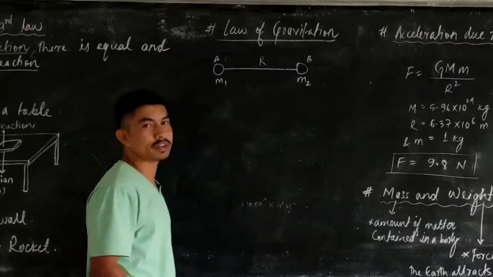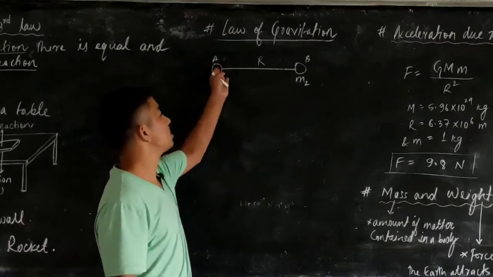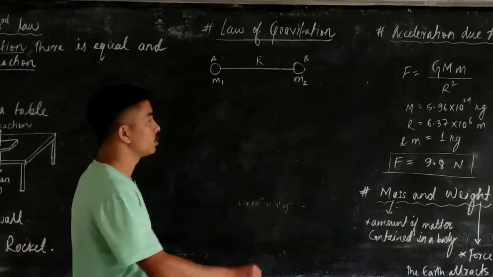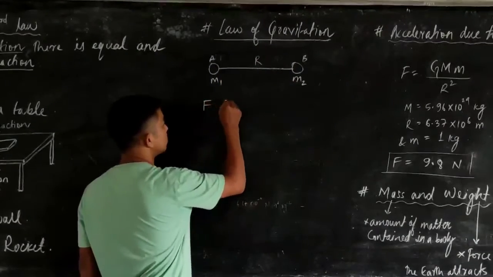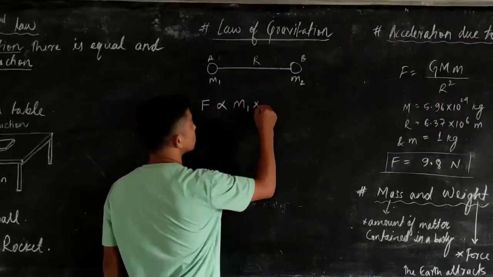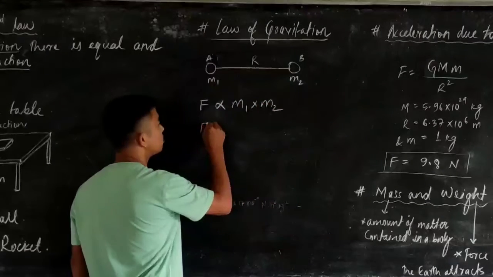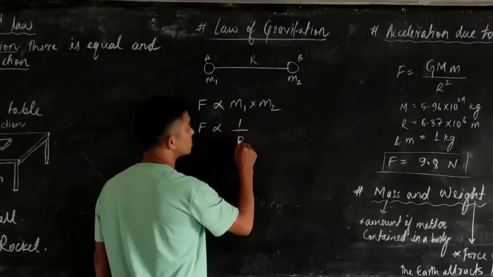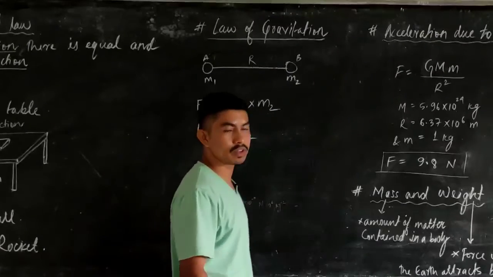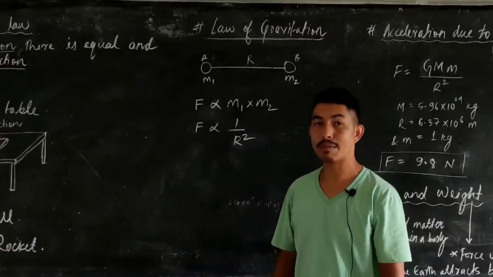Then the law of gravitation states that body A will attract body B by a force directly proportional to the product of their masses and inversely proportional to the square of the distance separating them. This is the universal law of gravitation.